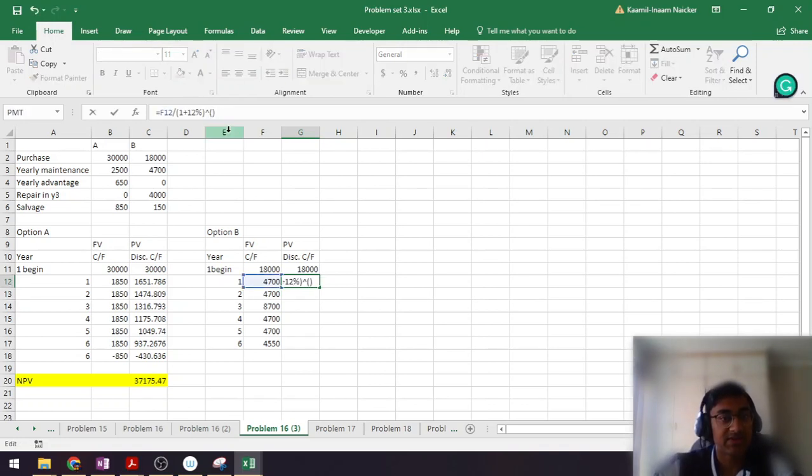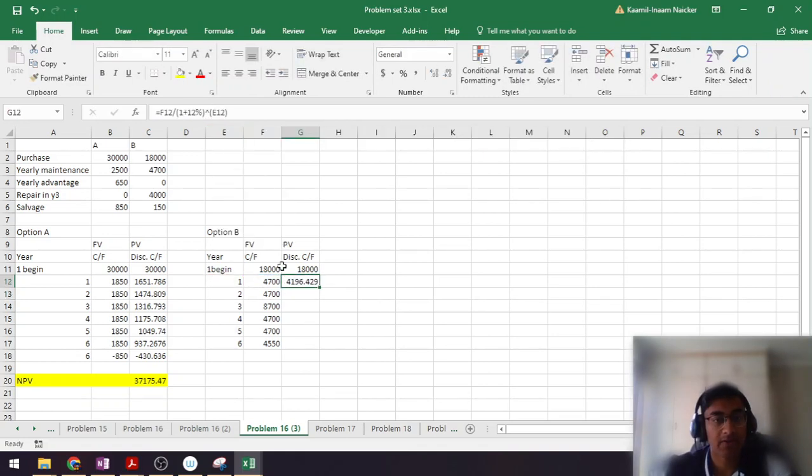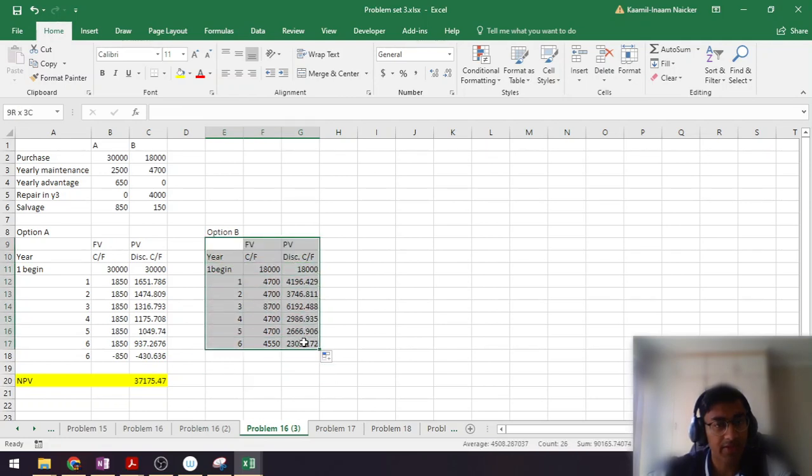Let me just fix this. This should be E12. Okay, so I can pull this all the way down. And these are all my discounted cash flows. Okay, now again, why are there so few? Oh, okay, let me move this down so everything lines up nicely. This is just for aesthetics, all right?